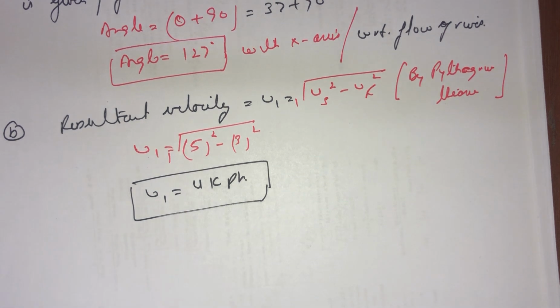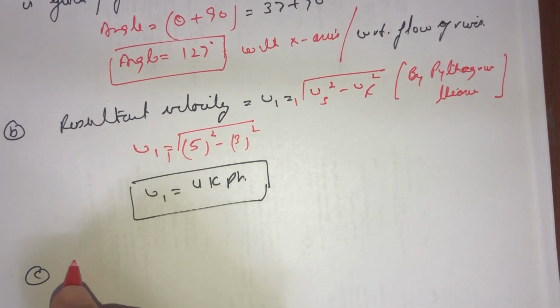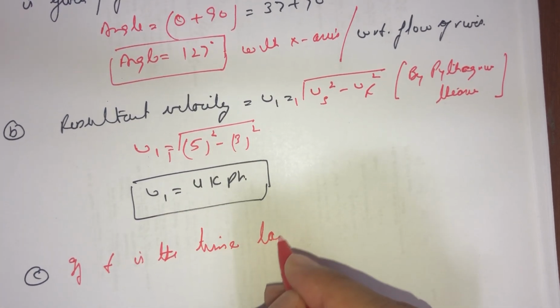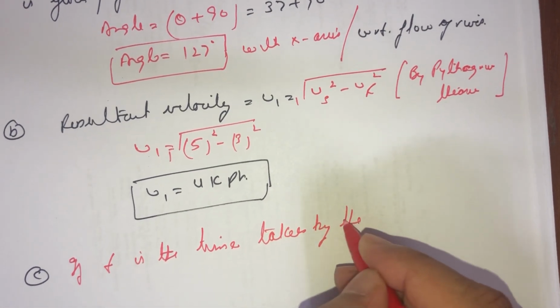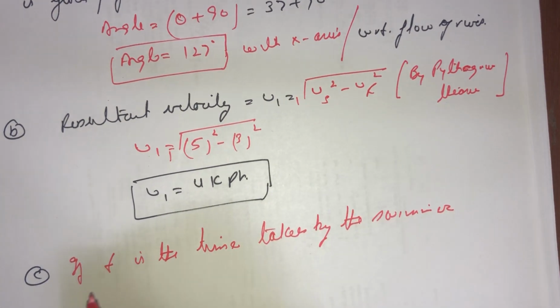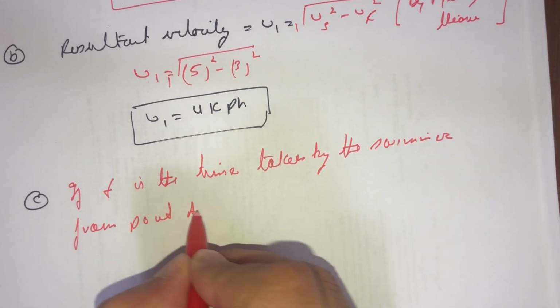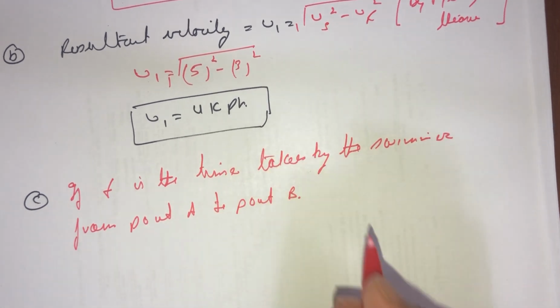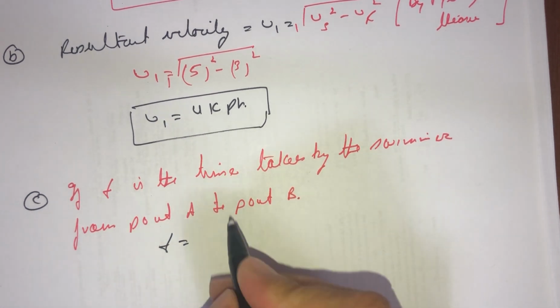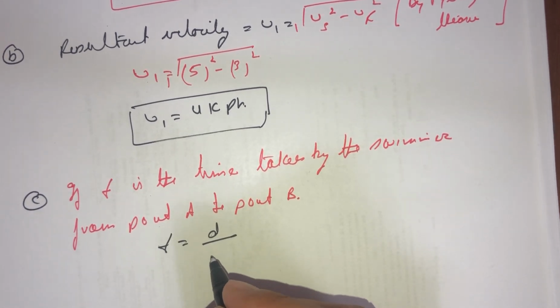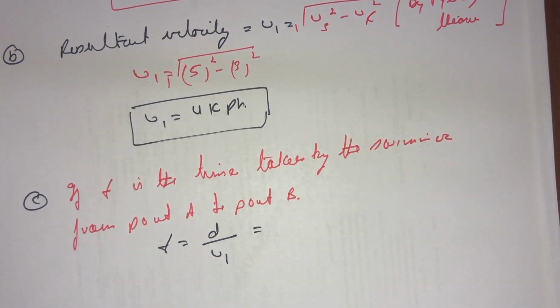And then the C part: it is asked how much time it is going to take to go from point A to point B. Let T be the time taken by the swimmer from point A to point B. Then T will be equal to the distance of the river, given as D, divided by the velocity V1.